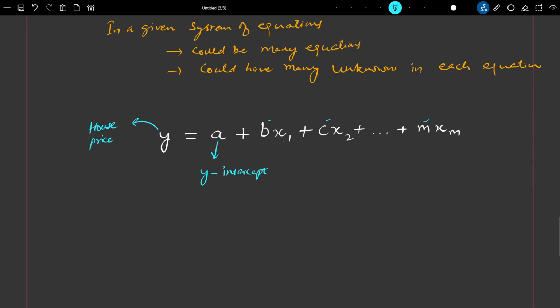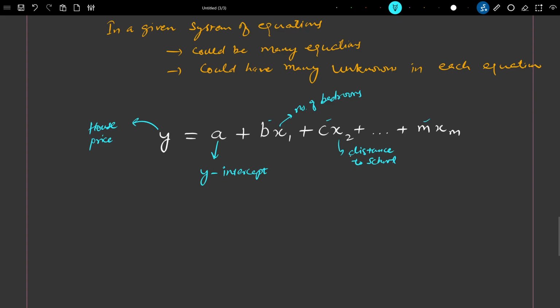Let's say the first input value, x1, could be the number of bedrooms, so it can be any number of bedrooms, and let's say x2 is the distance to school. So x2 could be, let's say, 5 kilometers or any number.